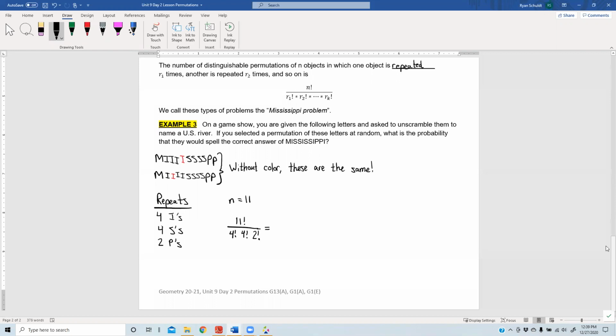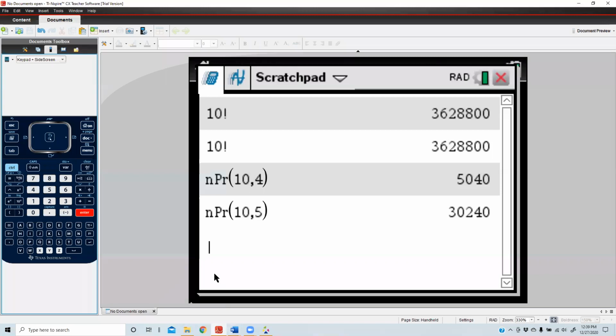Let's do this in the calculator so you can see how I do it. That way you won't make some of the common mistakes. Okay, I'm going to do it without doing control divide. Well, actually, I'll do it both ways. So control divide. On top, we need 11 factorial. So we cannot use nPr.